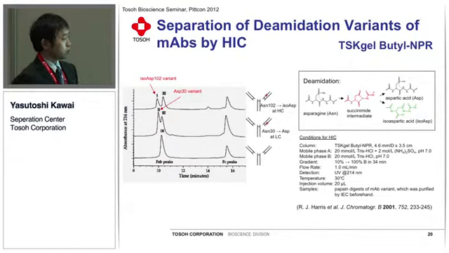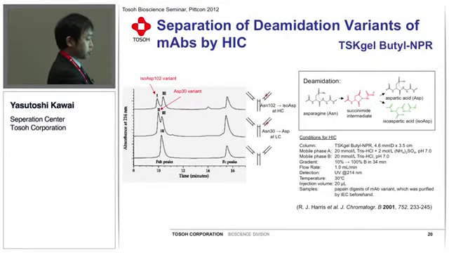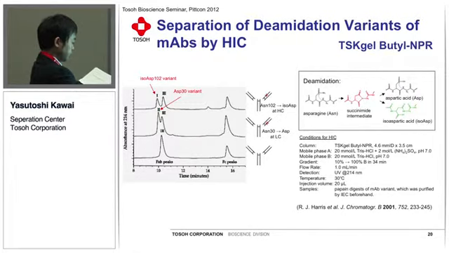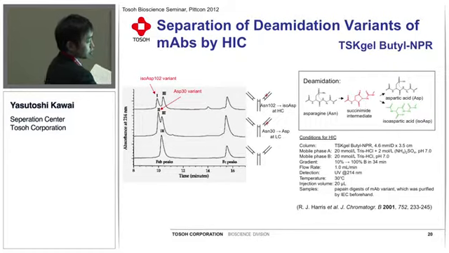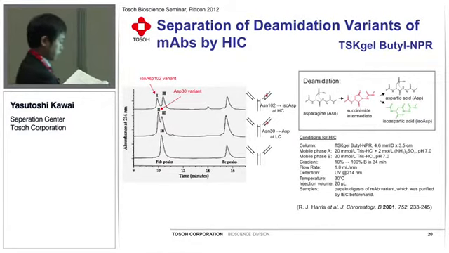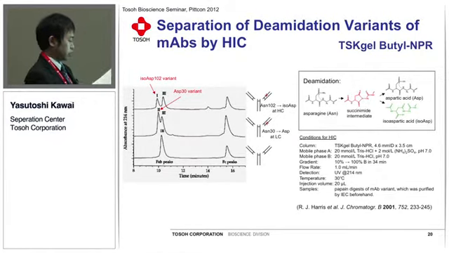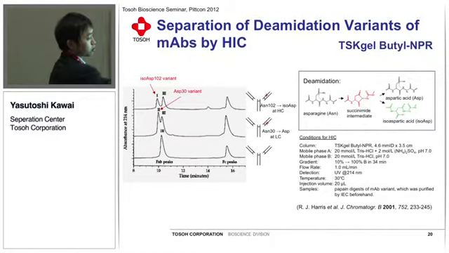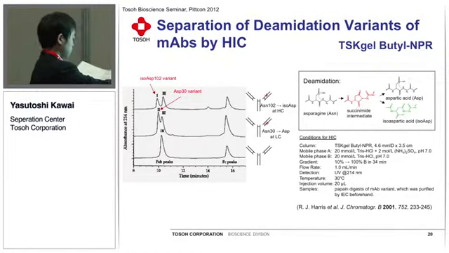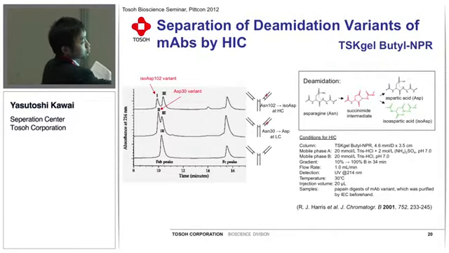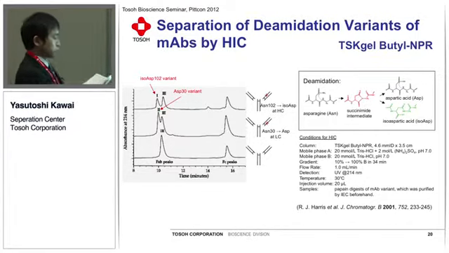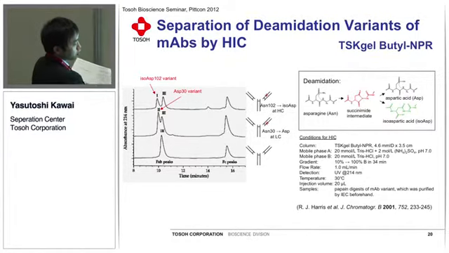The antibody without deamidation, the lower chromatogram, was separated into one Fab peak and one Fc peak. In contrast, antibody with deamidated residue at position 30 or 102 were separated into two Fab peaks and one Fc peak.